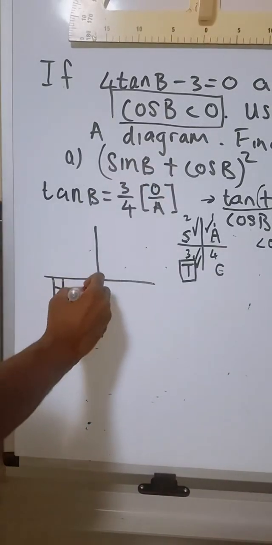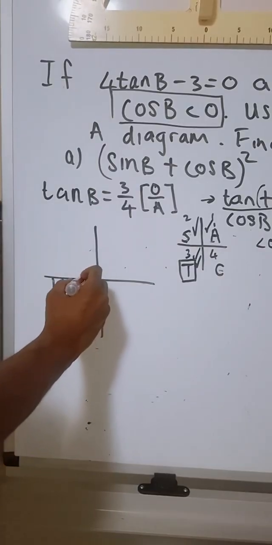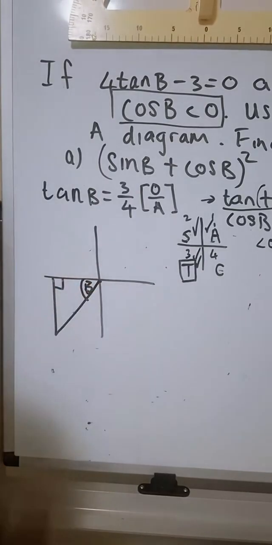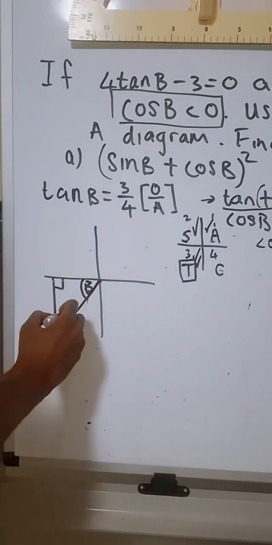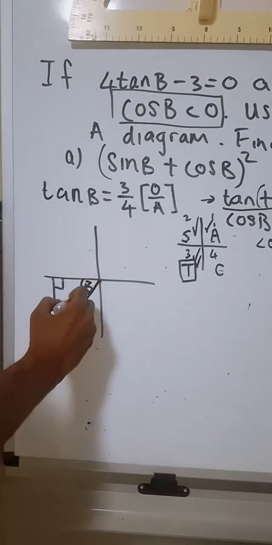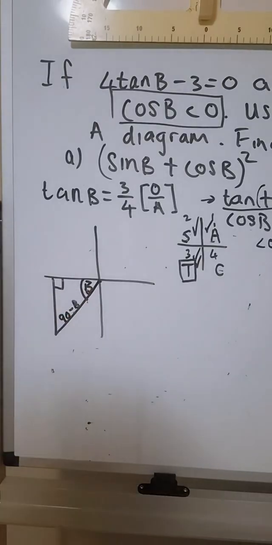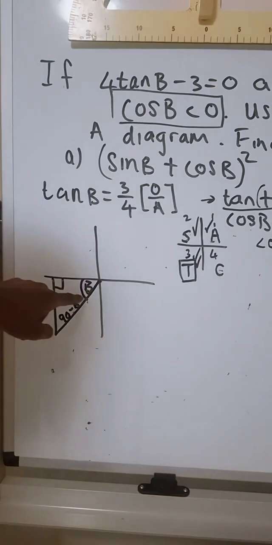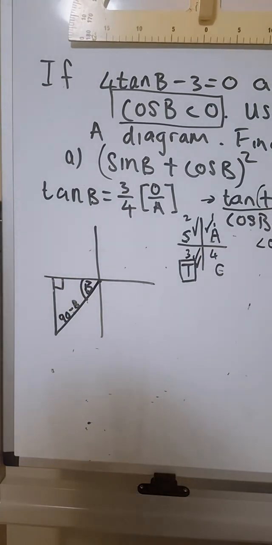B, we write there, and then we write this as 90 minus B. We're very deliberate and intentional. That's 90, that's B, that's 90 minus B. It's always 90 minus the acute angle.